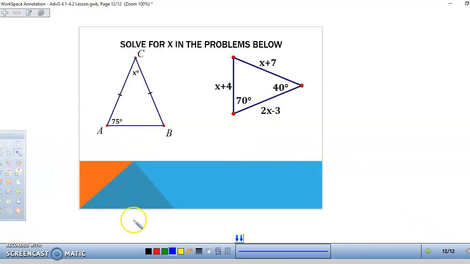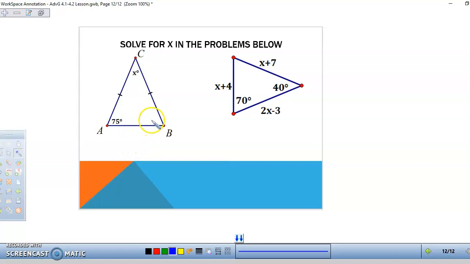Okay, so let's go through a couple of examples here. Let me give you a big hint. Whenever you have two angles in a triangle, or if you're missing an angle in a triangle, always, always, always fill in the missing angle. You can either use triangle sum or you can use isosceles triangle theorem.